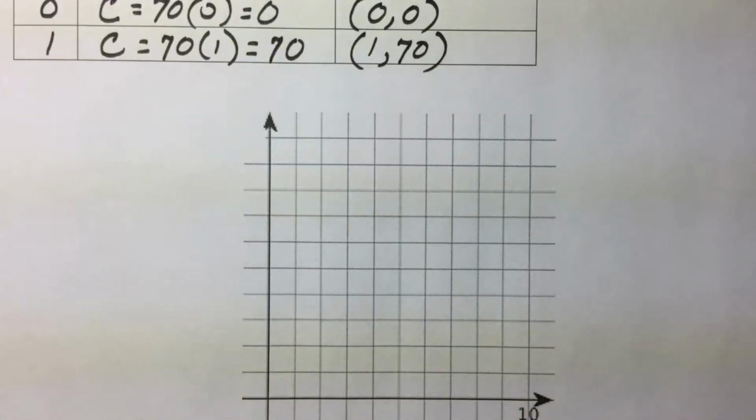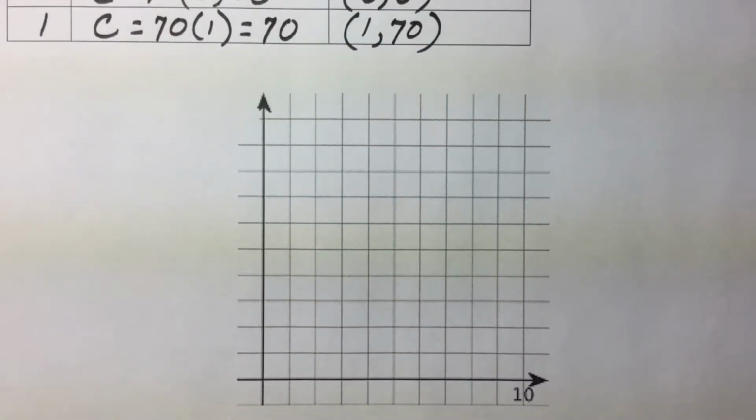Within each axis, however, the number of units each mark represents must be constant. So I've already filled in the scale here with 1, 2, 3, and so on, being our distance in miles for the horizontal axis.